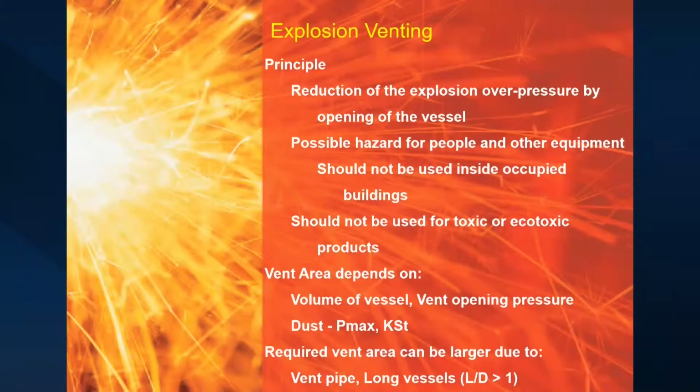I used to say explosion venting is the natural way of protection. If the vessel is not strong enough and you have an explosion, it will open somewhere and it will vent to the outside. So what we do with explosion venting is we try to control where the vessel opens, that it goes into the right direction and doesn't do things that we do not want it to do.